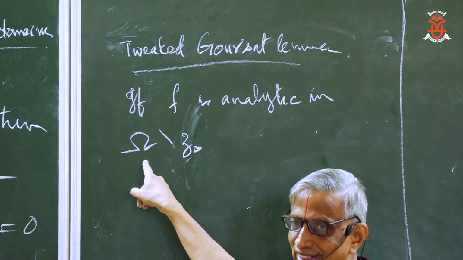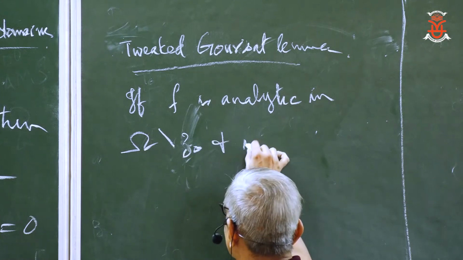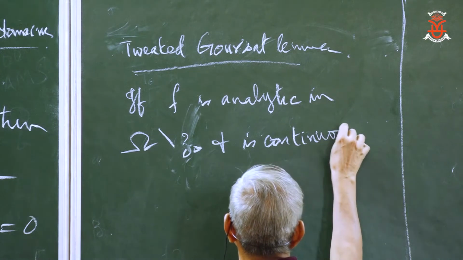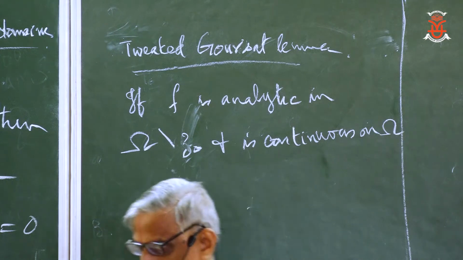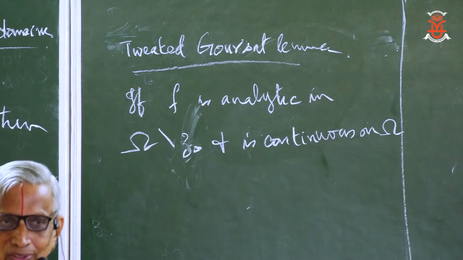So I'm omitting a point in omega. But it is continuous on omega. Because you want to talk about the integral on the triangle. So on the triangle, the function should be continuous.